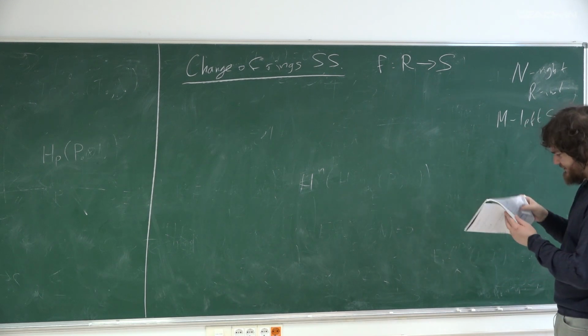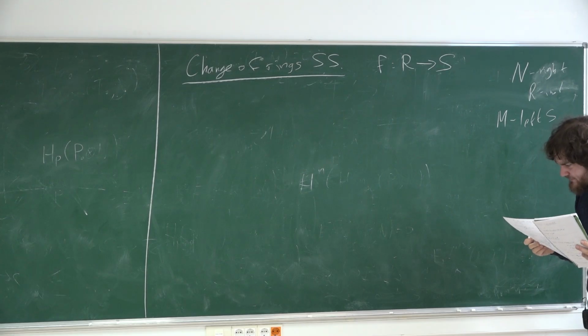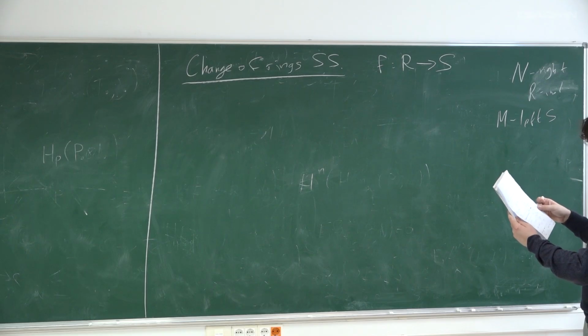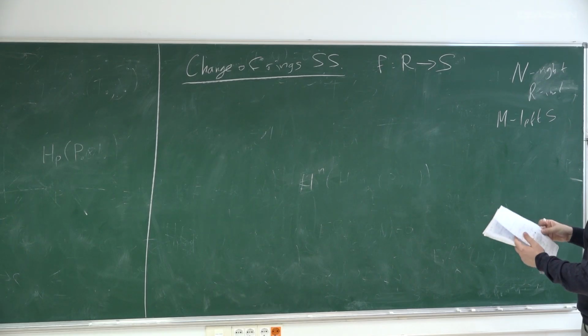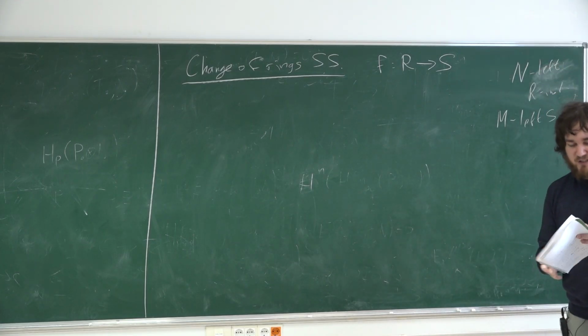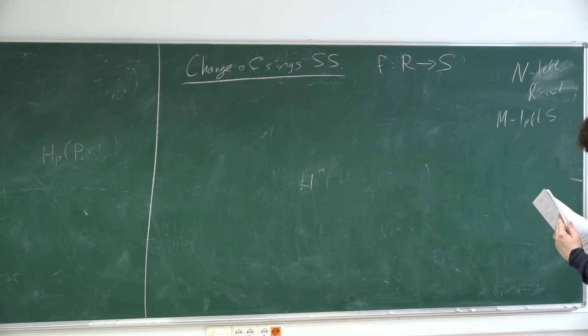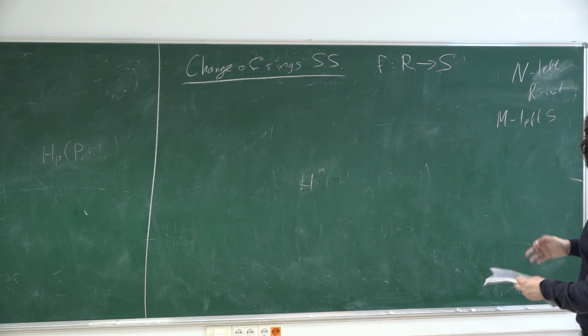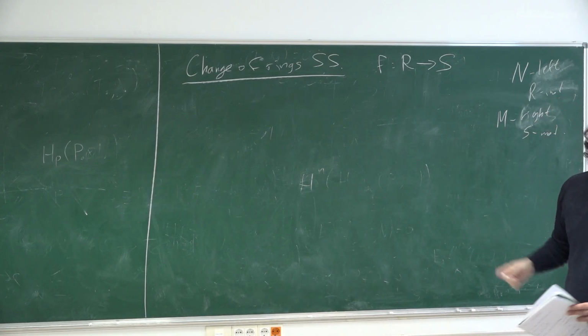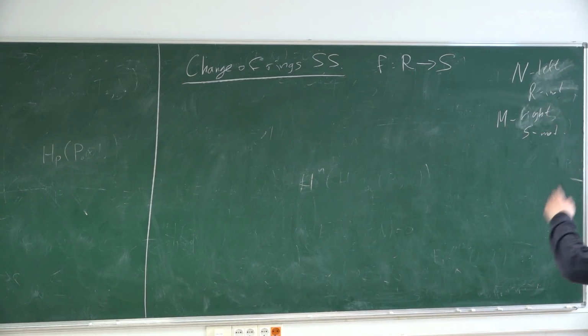What the heck? N is left. It's not important, but I want to obtain the formula of the appropriate form. N is a left R-module and M is a right S-module. Okay?